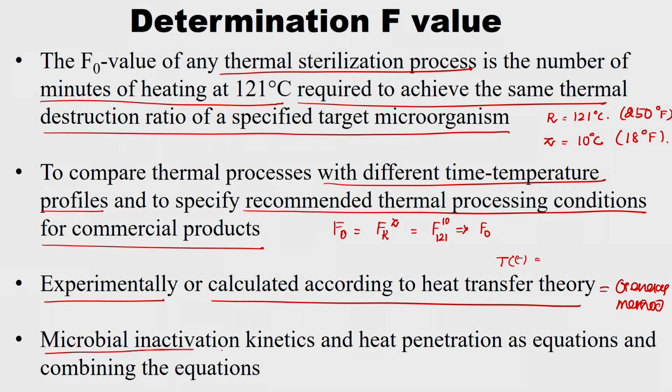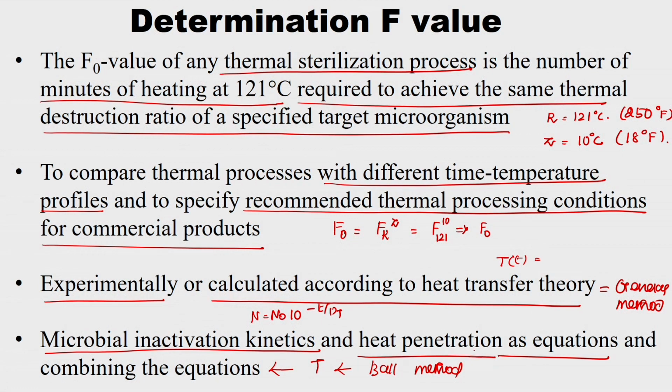But the other method takes microbial inactivation kinetics and heat penetration as equations, and combines these equations to calculate F. This method is called the Ball method. This is also extensively used. Microbial inactivation kinetics is nothing but N equals N naught times 10 to the power of minus t upon D. And heat penetration studies in the sense, this itself is taken as equations, which has penetration, normally with alpha, that is nothing but thermal diffusivity.